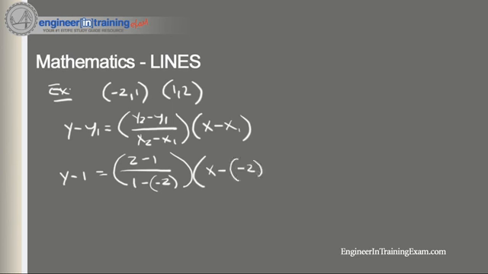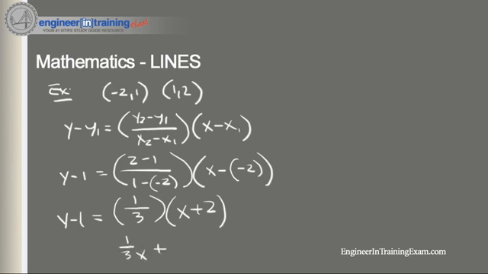As we play this out, we get y minus 1 is equal to 1 over 1 plus 2, which is 1/3, multiplied by x plus 2. Multiplying that through, we get 1/3 x plus 2/3, and plus 1.